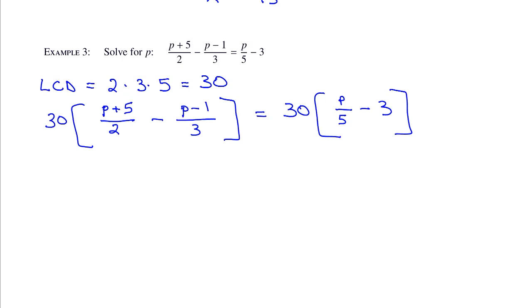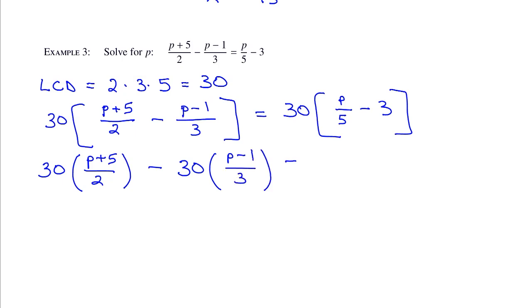Next, I want to distribute the 30 to each of the two parts on both sides. This would be 30 times (p plus 5) over 2 minus 30 times (p minus 1) over 3 is equal to 30 times p over 5 minus 30 times 3.